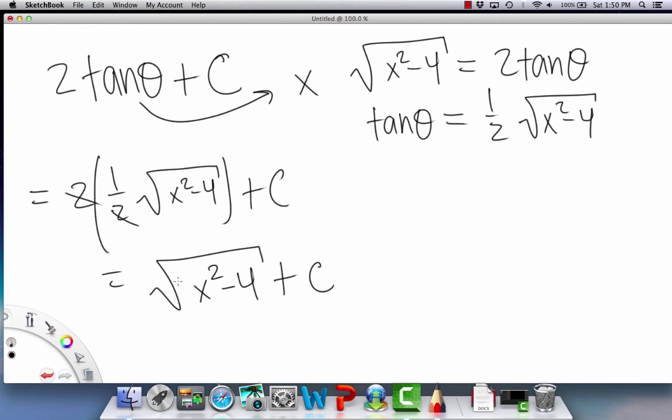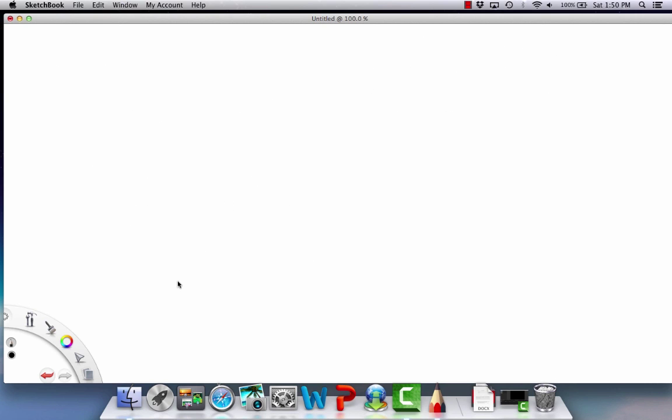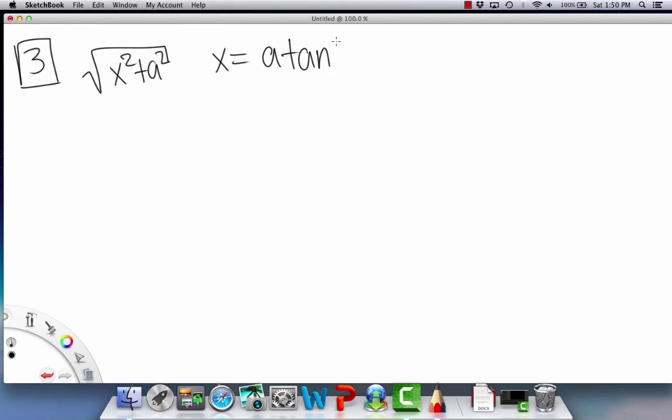Okay? Alrighty then. And then I'm just going to go over the mini guideline formulas for case number 3, but we're not going to do an example for this because it works basically the same way as the other 2 did. We'll see problems like this on homework too. So here's the third case, the square root of x squared plus a squared. And then our other formulas will be x equals a tangent theta.